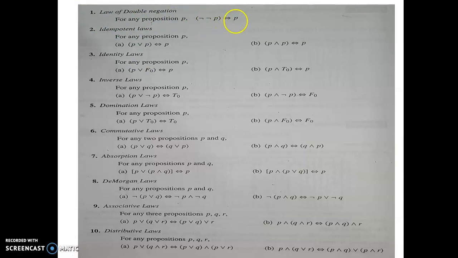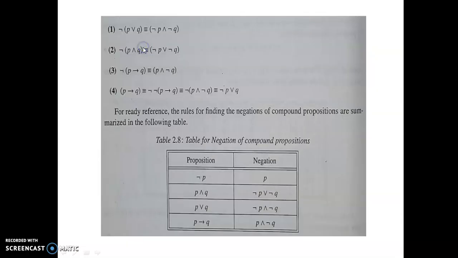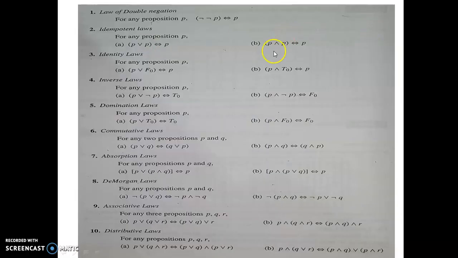Next is idempotent. For any law, it should be stated for the or operation, and it should also be stated for the and operation. So that has to be taken care of. In idempotent, p or p: both are the same, so p or p gives us p itself.